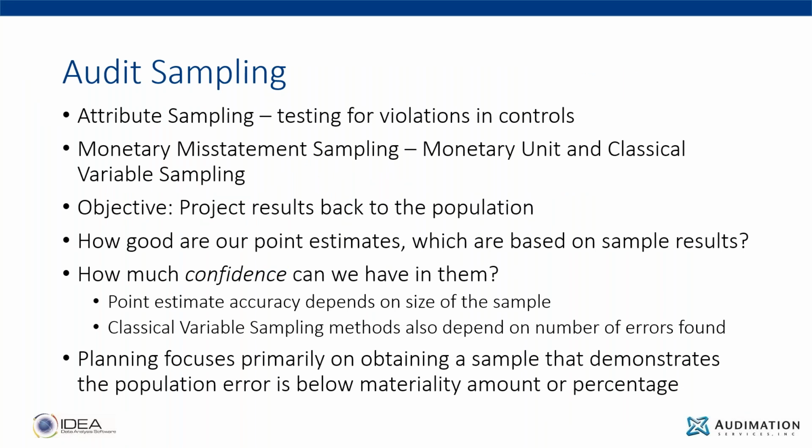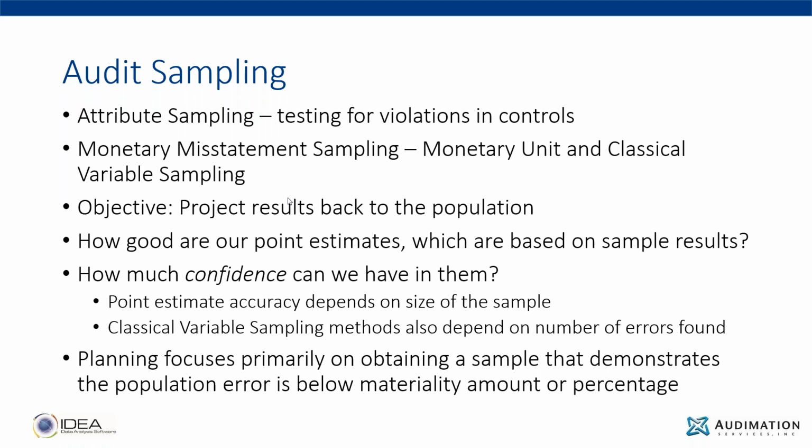We have attribute sampling, where we test for violations and controls. We also have monetary misstatement sampling, where we do monetary unit and classical variable sampling. And I'll present both of those methods. And our objective in all of these cases is to project the results back to the population.